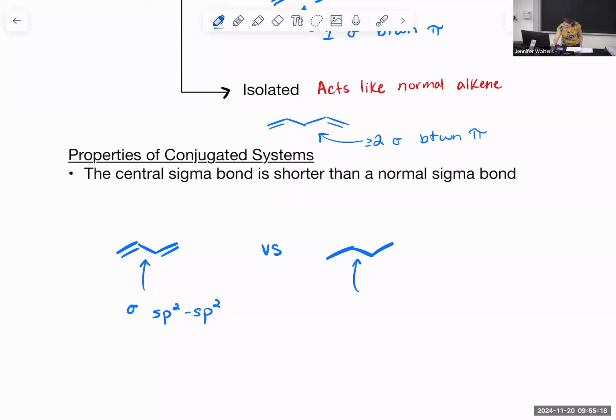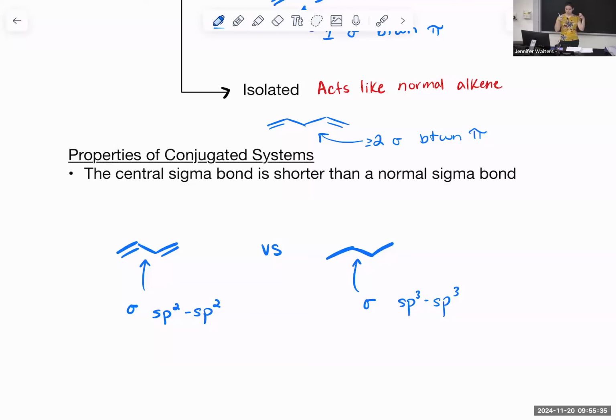Whereas this sigma is a result of sp3 orbital overlap. So if I have more s character, less p character, that brings my atoms closer together, right?